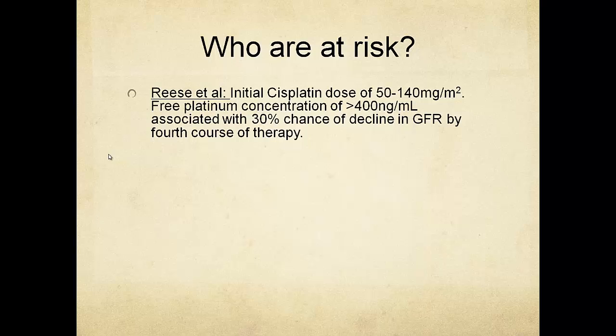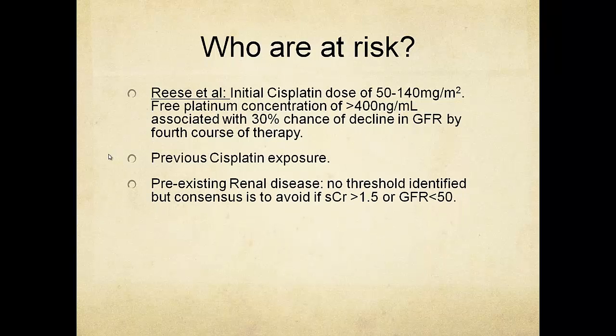So overall, the initial dose or the cumulative dose of cisplatin is one of the risk factors. The other risk factors include previous cisplatin exposure and pre-existing renal disease.